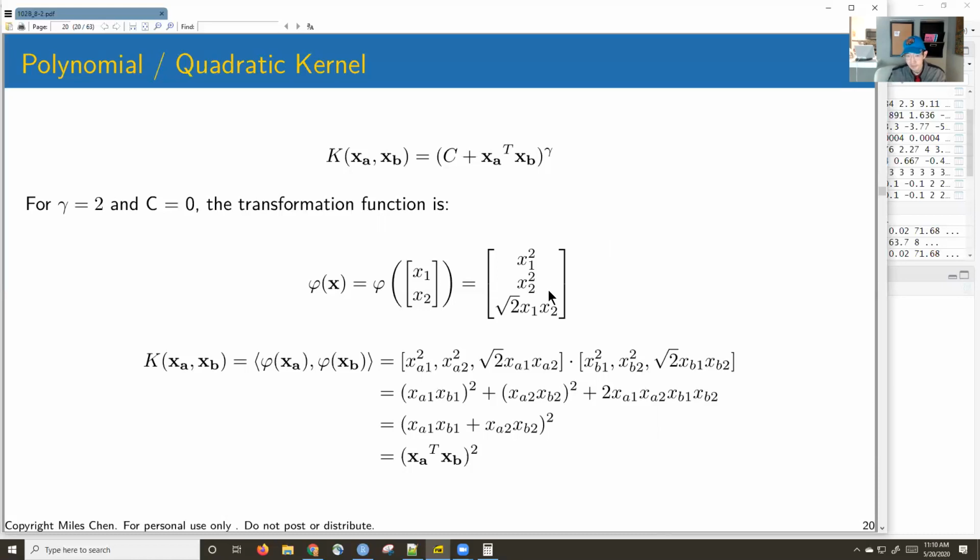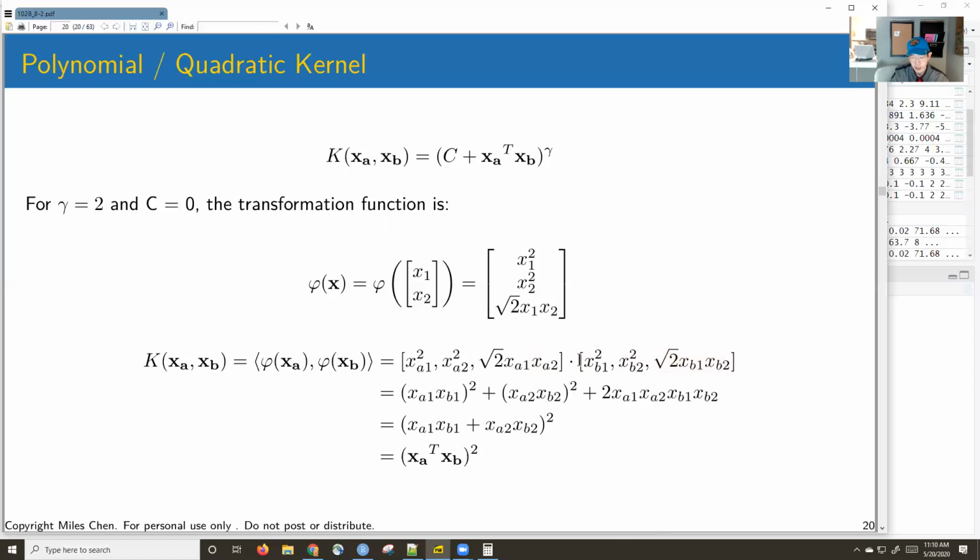And so here, if I apply this transformation to xa, I get xa1 squared, xa2 squared, and the square root of 2 times xa1 xa2, and here I get xb1 squared, xb2 squared, and the square root of 2 times xb1 xb2.